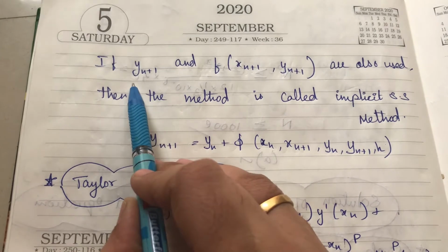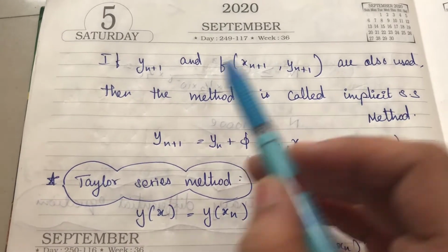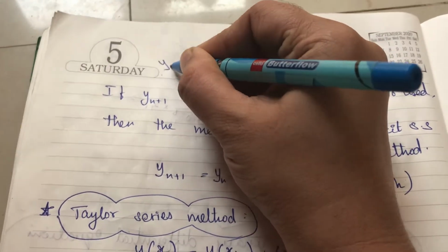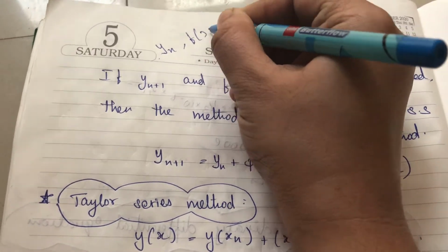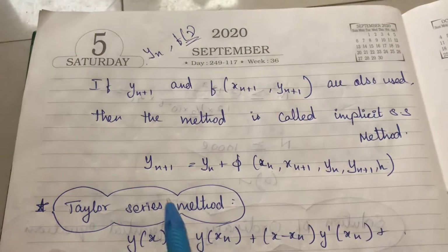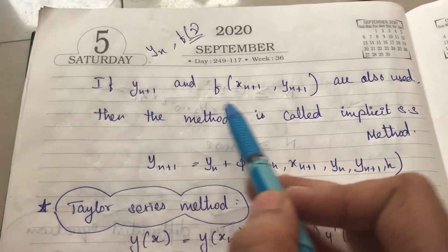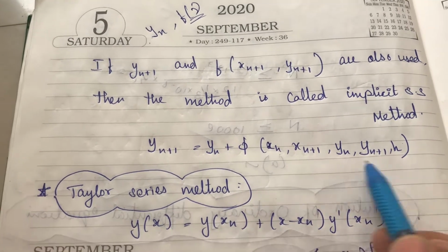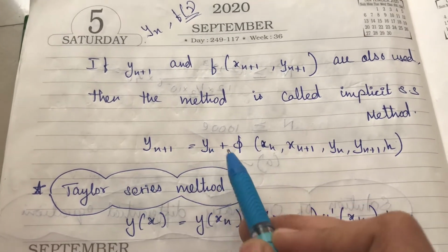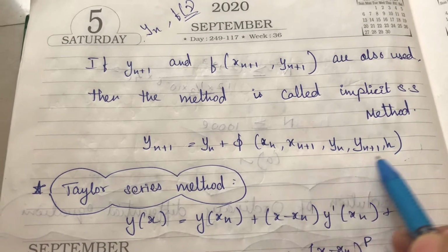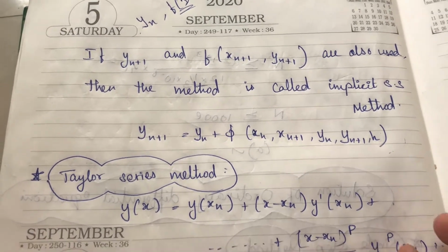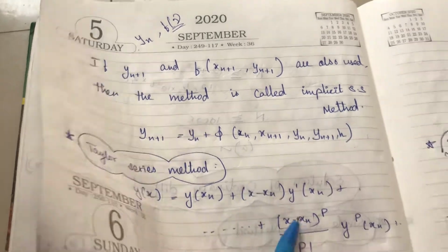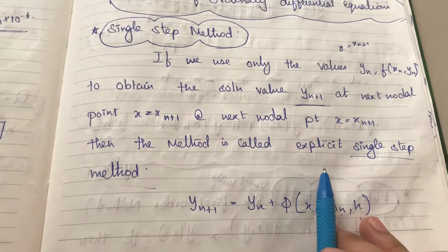Then again, you can see in the previous one we had yn and the function. Here it is the same, but with yn plus 1 and the function of xn plus 1 and yn plus 1, so we can easily replace it. Yn plus 1 means yn plus the function which includes the terms. So this one is implicit, and the previous one is explicit.